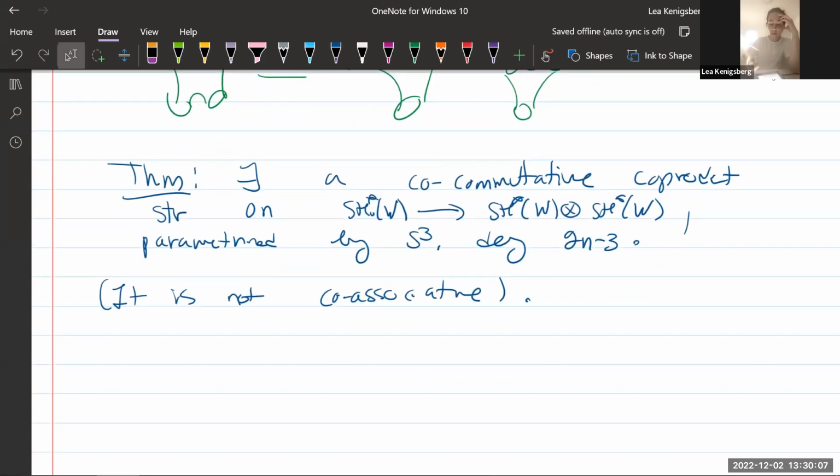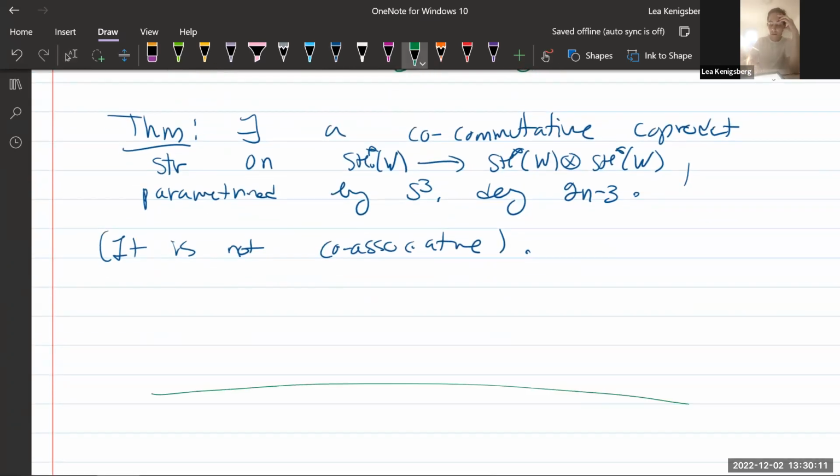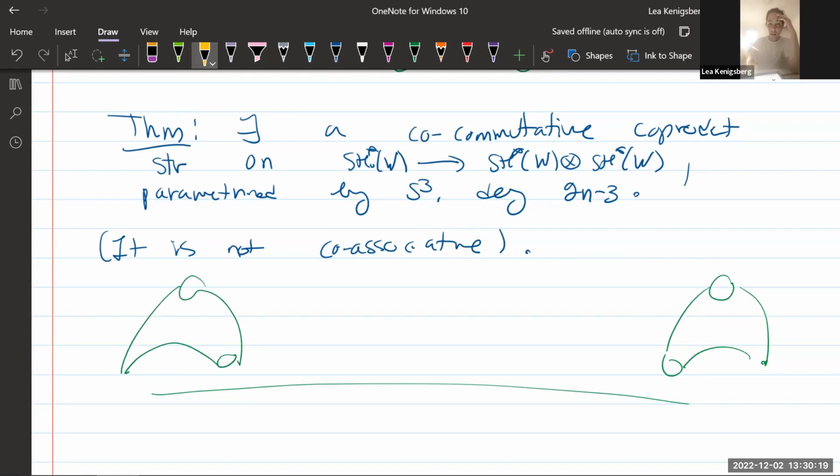And the idea is, again, you have this family of surfaces which are degenerate at the endpoints. What you can do, morally speaking, is glue the BV operator here at the ends.